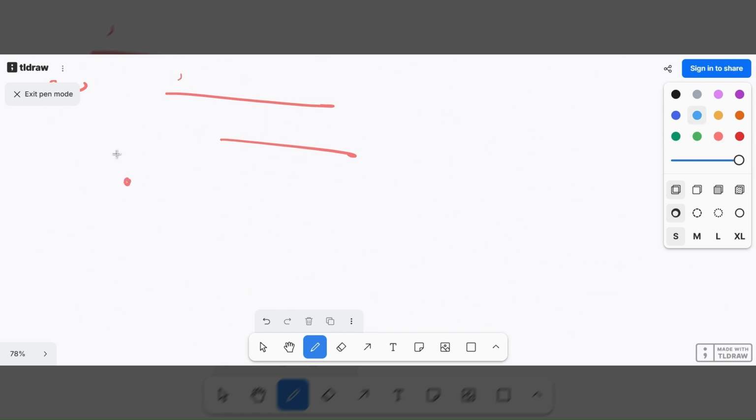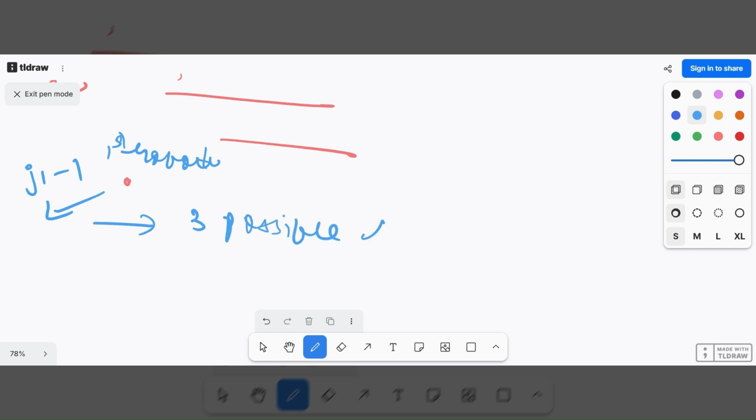Let's say this is your first robot. If your robot goes to J1 -1, in this direction, you have three possible conditions for your second robot to move. When this one is moving to J1 -1, your second robot can move to J2 only, to J2 -1, or to J2 +1.